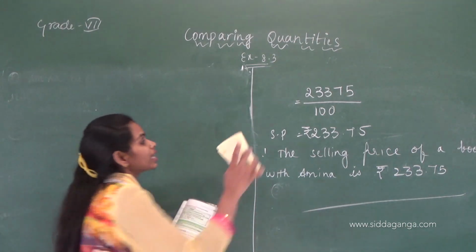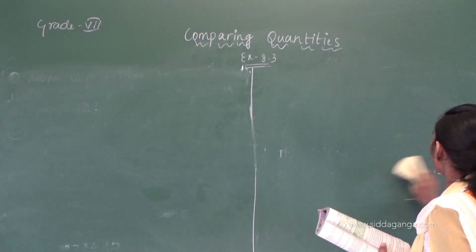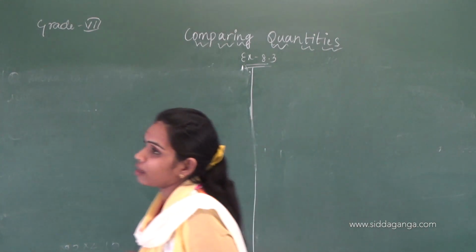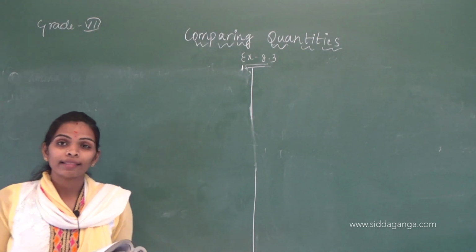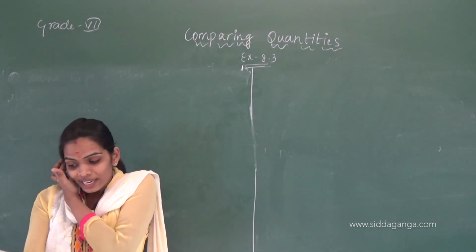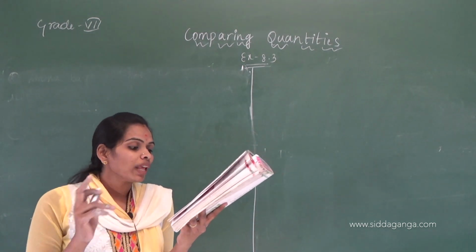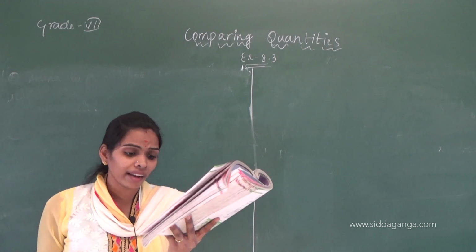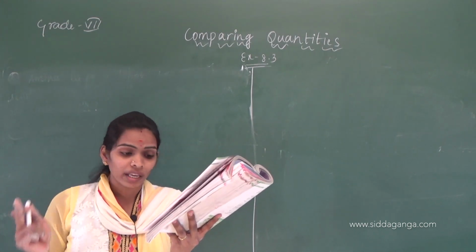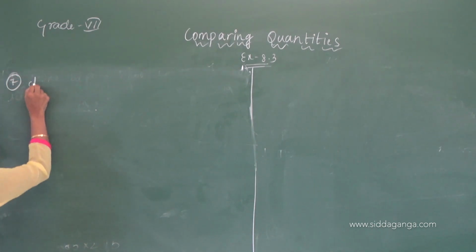That ratio they are giving, and they are giving how much weight of carbon is there in the chalk. We have to find the total weight of the chalk. Just I will read the question, then you can understand. Chalk contains calcium, carbon and oxygen in the ratio of 10:3:12. 7th one I am doing now.